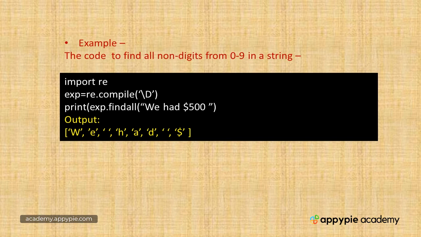So exp.findall. Now exp is pointing that I want to see only non-digits. So see, in the output it is showing WE HAD, space, dollar. Don't ignore spaces. Spaces too are characters because they are not digits. In this case, they too are being displayed.